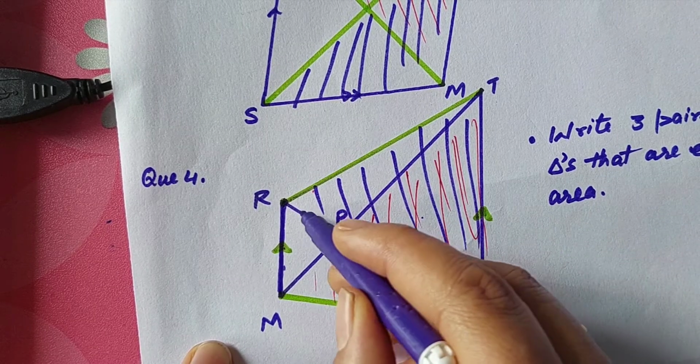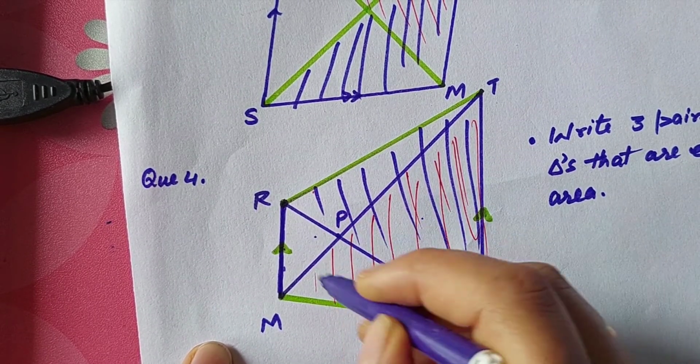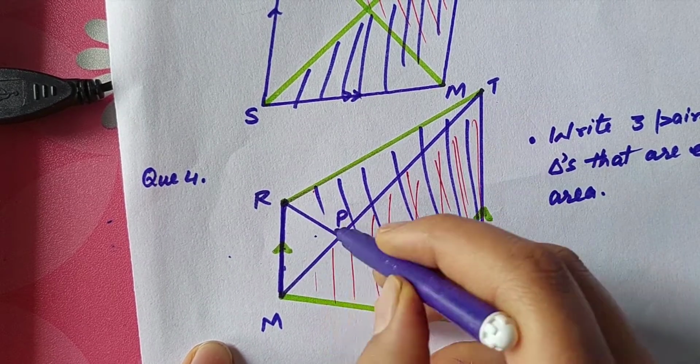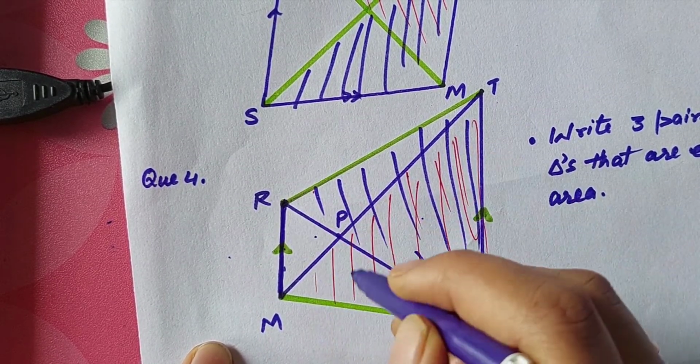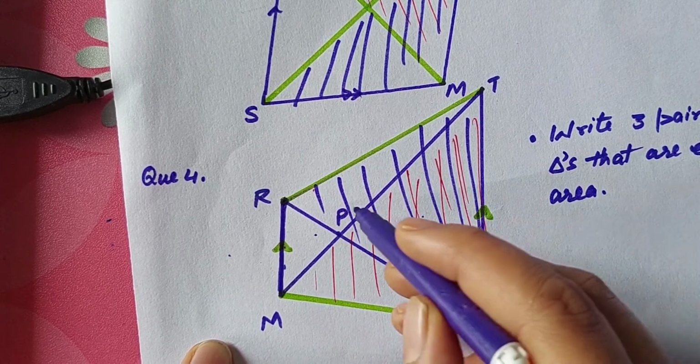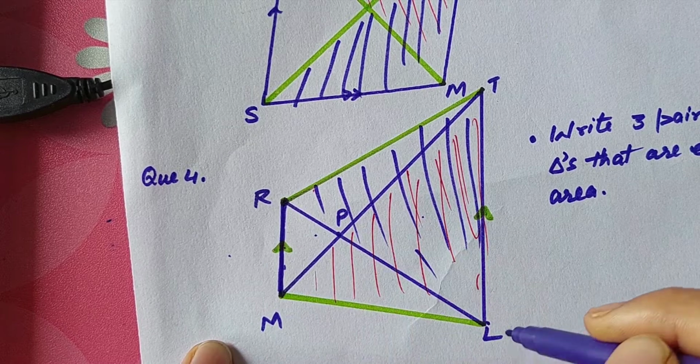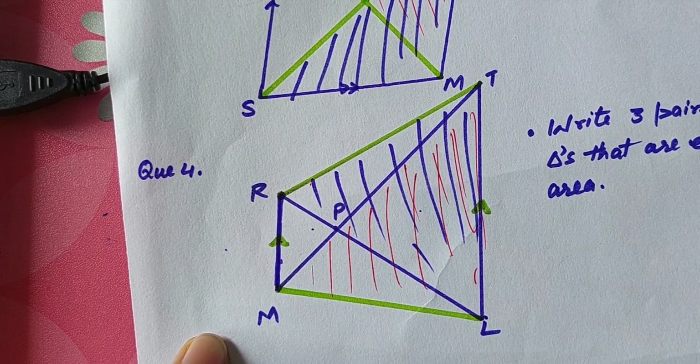If from the same area we subtract the common portion, the remainder will be the same. A common portion subtracted from equals gives you equal remainders. So the third pair is going to be RPT and MPL. So this was all about this assignment.